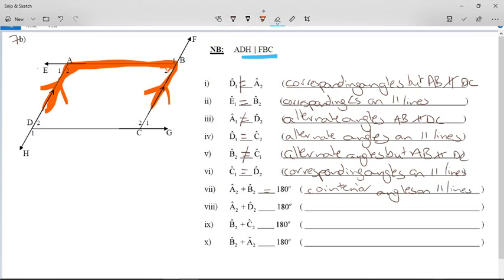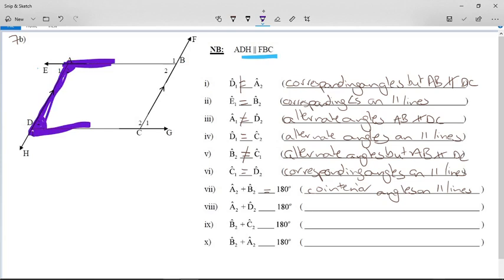Now it says what happens with A2 and D2. Here's A2, and here is D2. Can we make the little cuppy shape? We can make a C here, in the right direction.